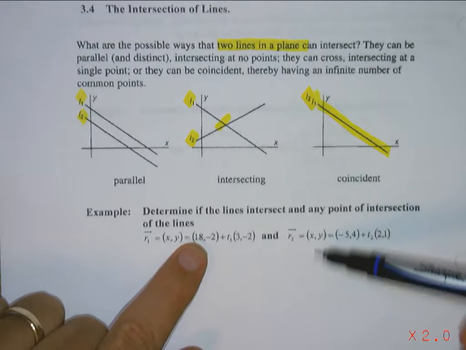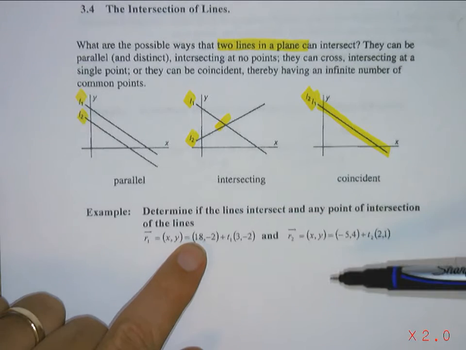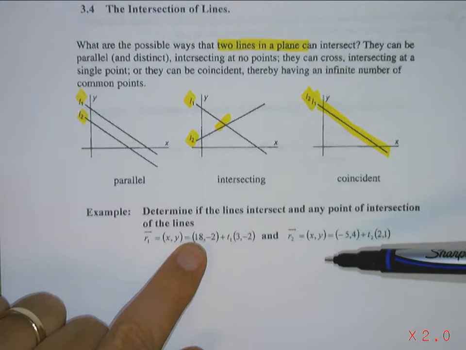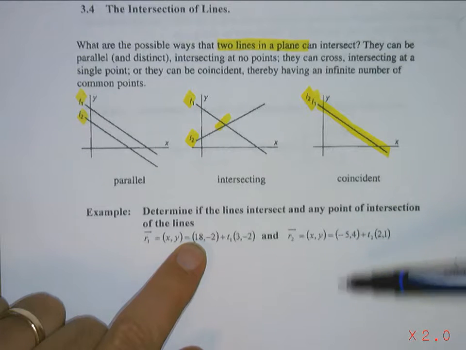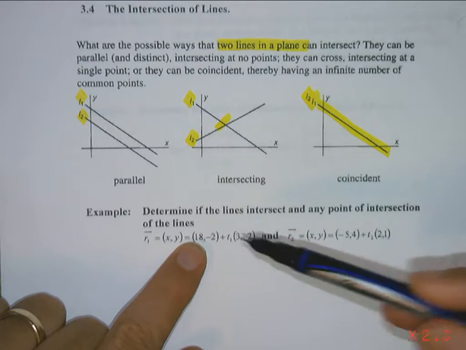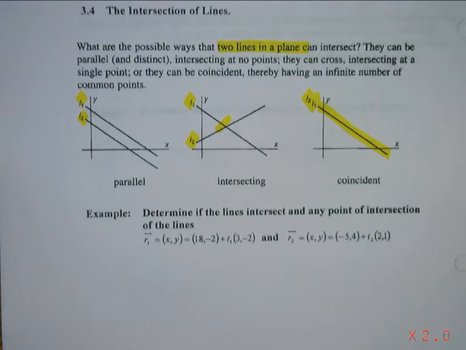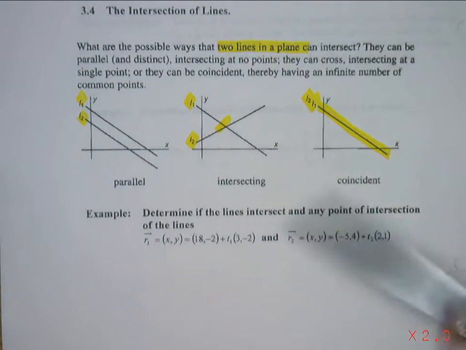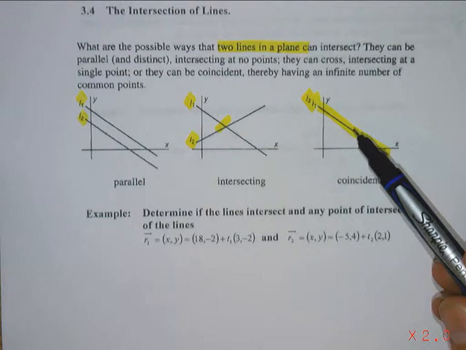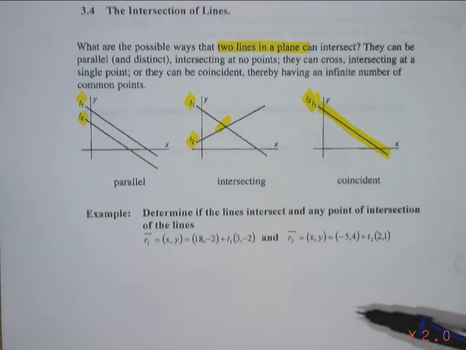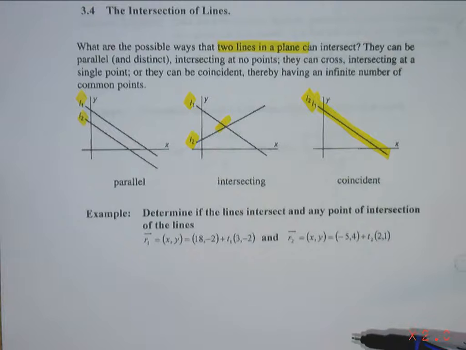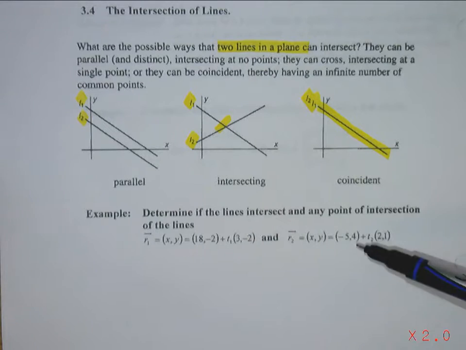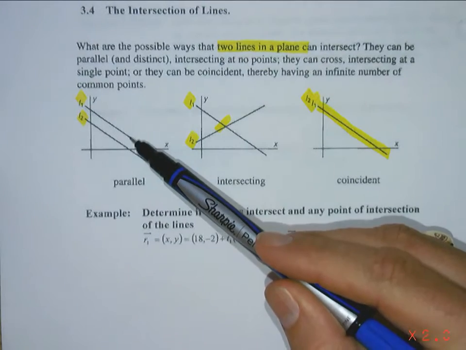I would set up the parametric equations, plug the other point in, see if the t value is the same for both of those values of the point, and if it works out, then it lies on the line that I plugged it into, it lies on the line that I took the point from, in which case it lies on both lines, and this is our situation. If the t values do not work out to be the same, then we know that the point only lies on the line that we took it from and not on the line that we're plugging it into, in which case this is our situation.